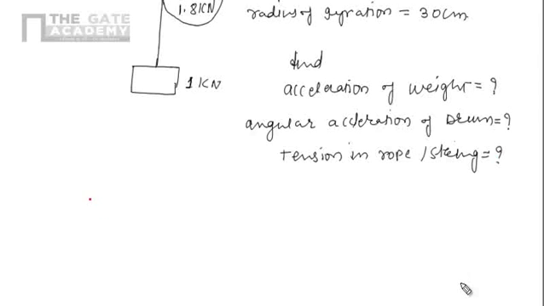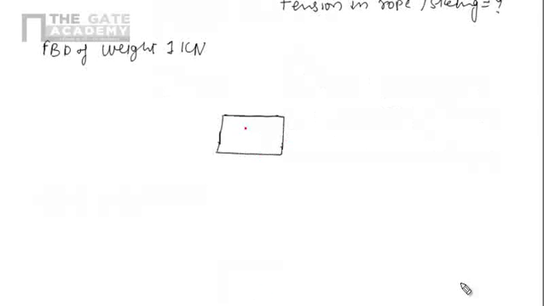So let's draw the free body diagram of the weight 1 kilonewton. We will make this body be in dynamic equilibrium and apply the condition of equilibrium. This 1 kilonewton weight, which is nothing but 1000 newton, is acting in the downward direction, and here tension T is acting in upward direction.